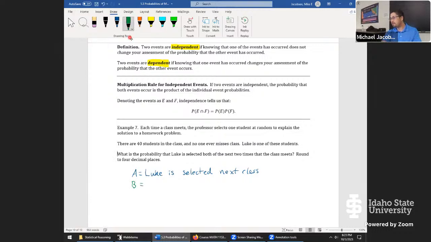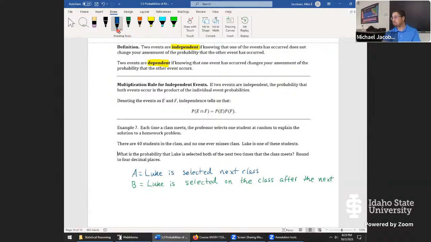And we'll go B, Luke is selected on the class after the next. So in other words, he's just selected twice in a row, next 2 classes.